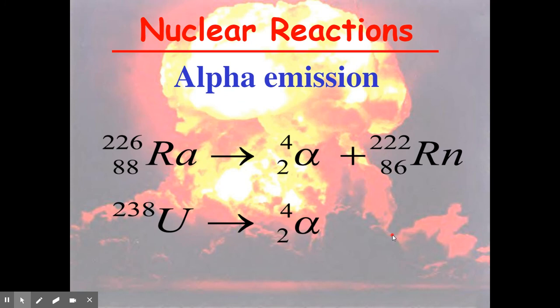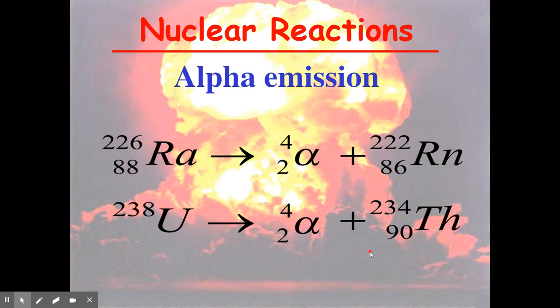Then you look up on your reference tables, number 90's element symbol is Th. So you get 234 over 90 Th. Th is thorium. So uranium-238 would decay into thorium-234, or the daughter nucleus of uranium-238 is thorium-234.